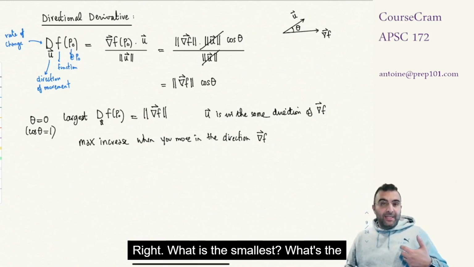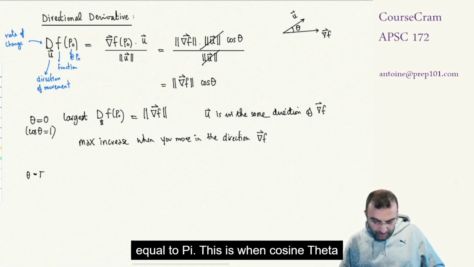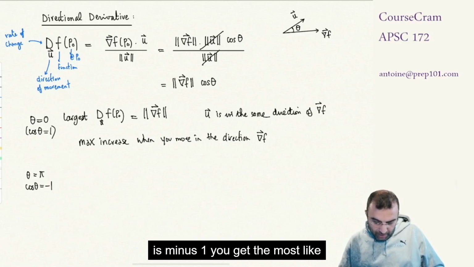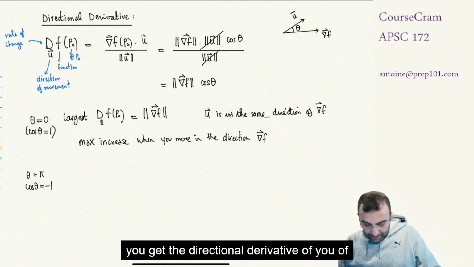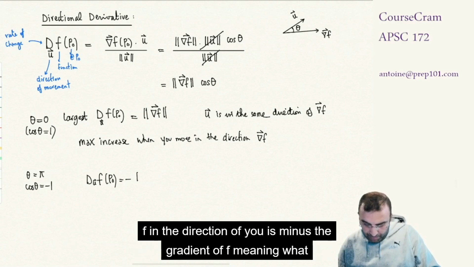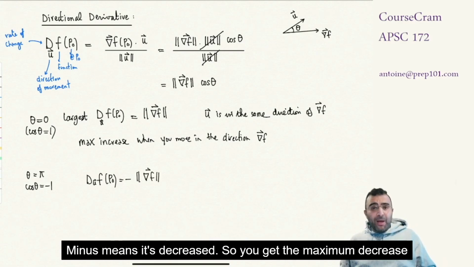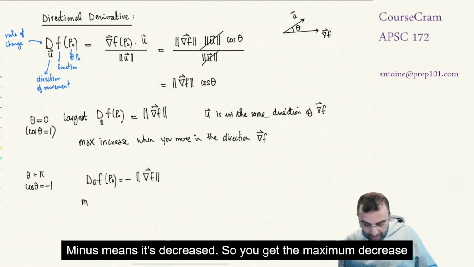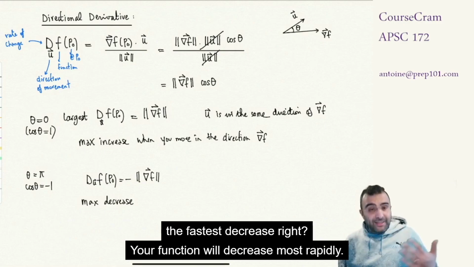What is the smallest? What's the most negative value? This is when theta is equal to pi, when cosine theta is minus 1. You get the largest, but in a negative sense. And then the directional derivative of f in the direction of u is minus the magnitude of the gradient of f. Minus means it's a decrease. So you get the maximum decrease, the fastest decrease.